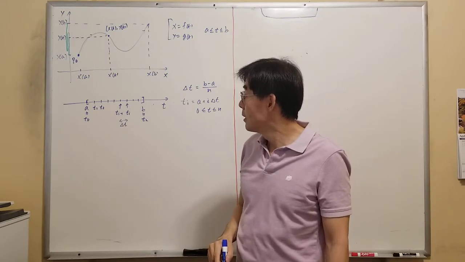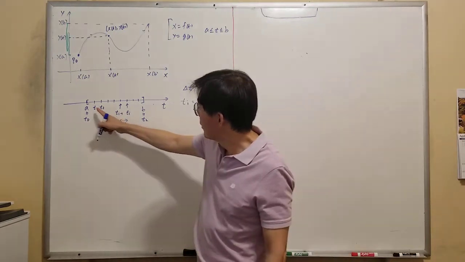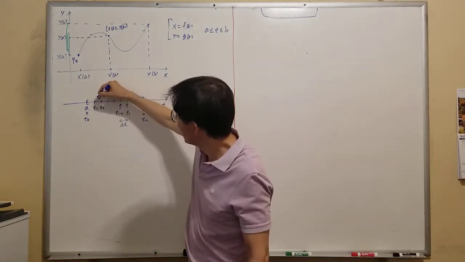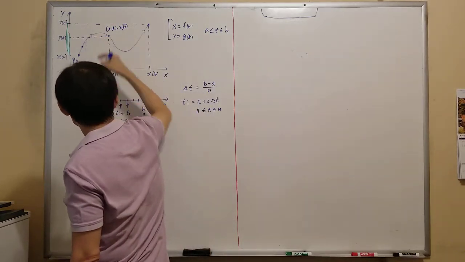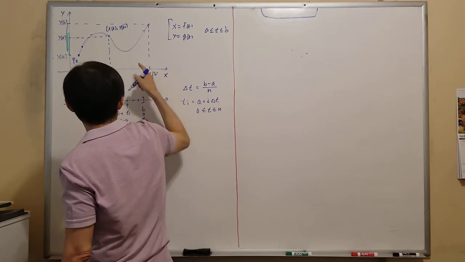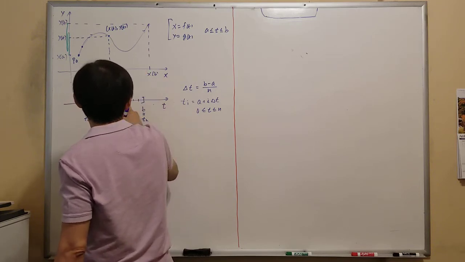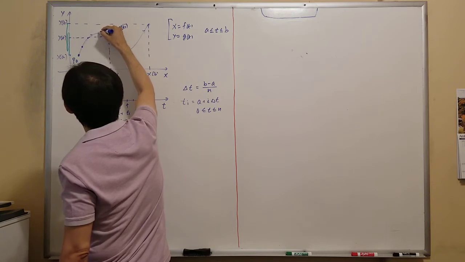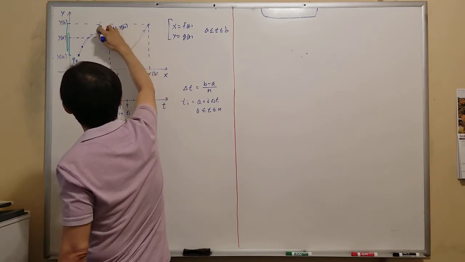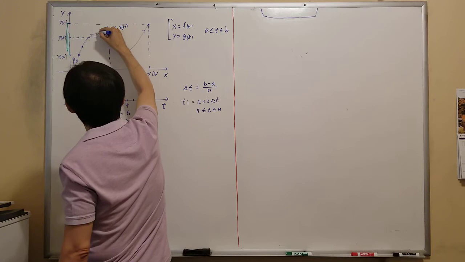When t equals t1, you will be somewhere around here, and somewhere around here, and here.